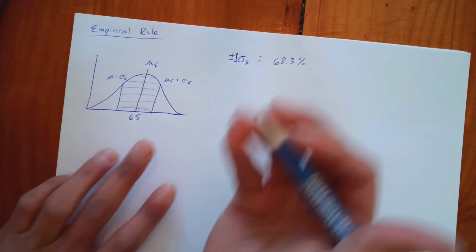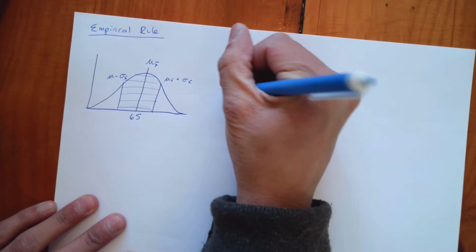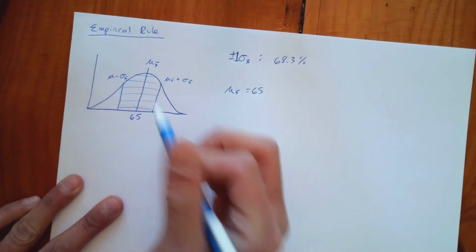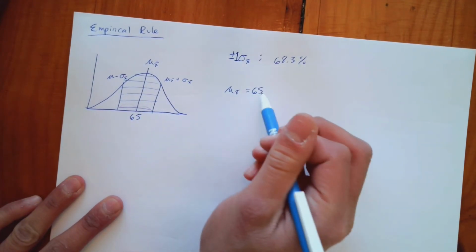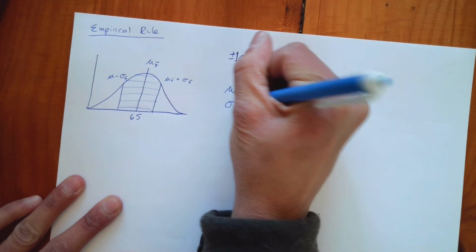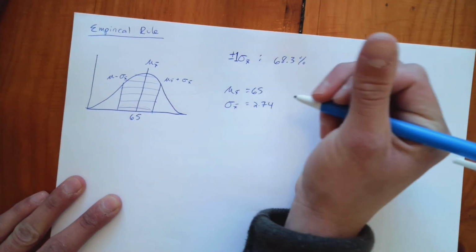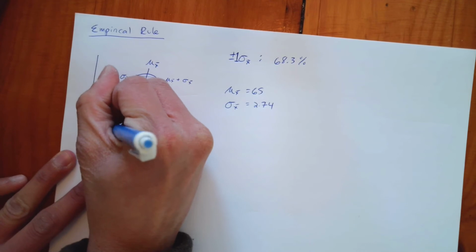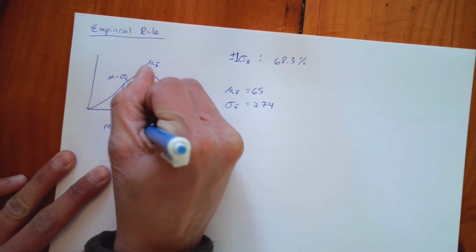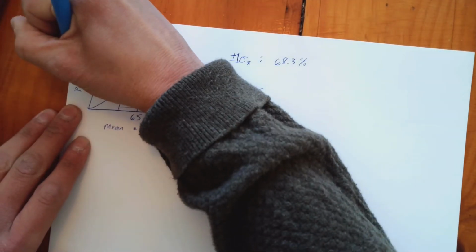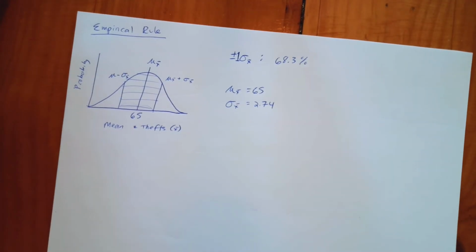I'm going to write this out so that you can see it while I talk. We have an overall mean for our sampling distribution of 65, and a standard error for our sampling distribution of 2.74, where this is the mean number of thefts, and this is the probability of getting different possible mean numbers of thefts.